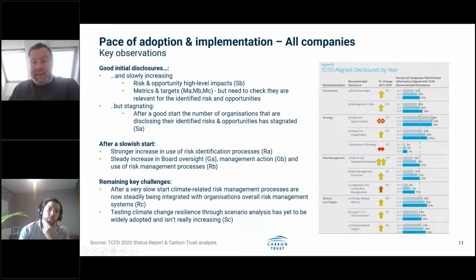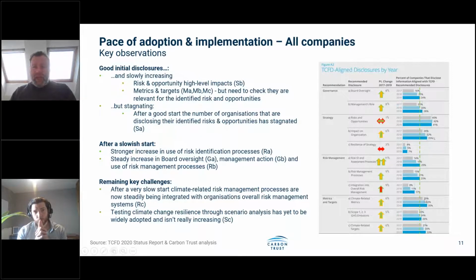And historically, there's been very good disclosure, up to over 40% of companies can actually list the material risks and opportunities that are affecting their business. What's interesting is to see that that's slightly stagnated. So there isn't so much growth in that area anymore. So clearly there's an opportunity for the 60% or more companies that aren't disclosing this to do more in this area.